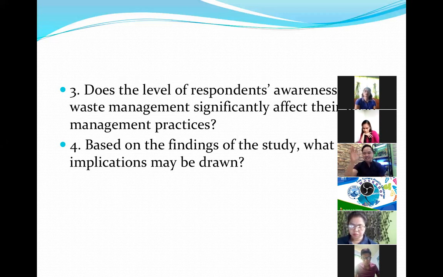Ibig sabihin, from these problems, isa lang ang bi-variable, isa lang ang hypothesis na i-develop natin. And most commonly, ang hypothesis na diniderive natin is null hypothesis. Pag sinabi nating null hypothesis, we are stating that there is no significant effect or relationship between the 2 variables.